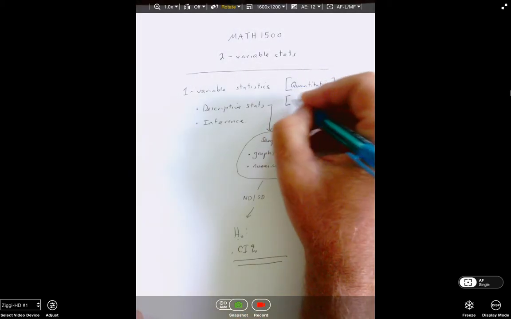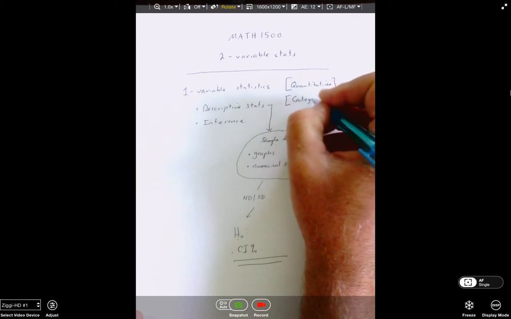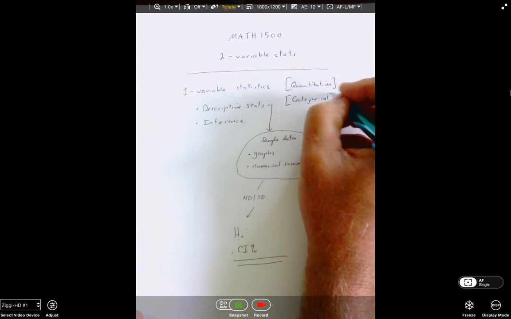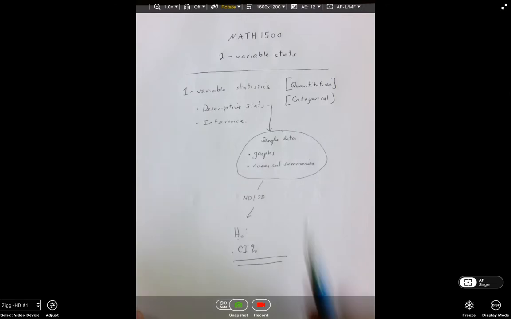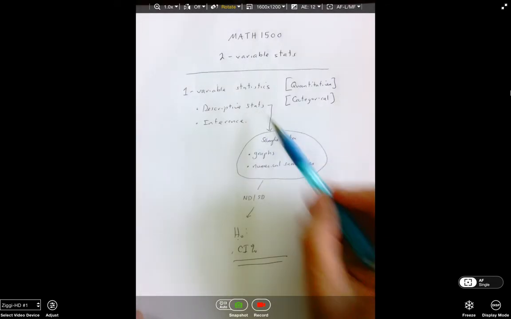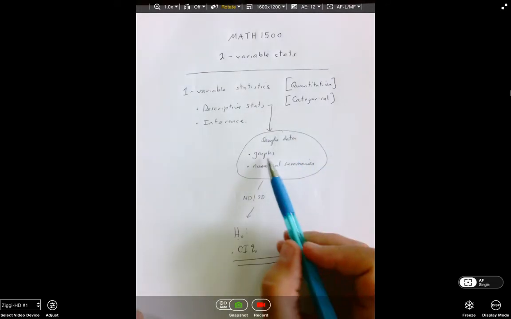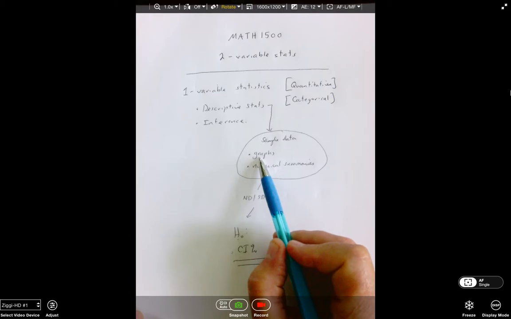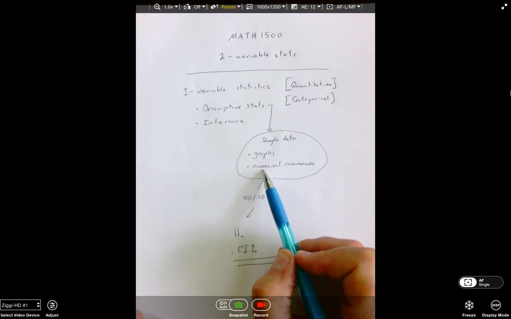Qualitative data. What I hope you know so far is that we can still do descriptive statistics, they just differ. For categorical data, the graphs are pie charts and bar charts, and the numerical summaries are just counts.